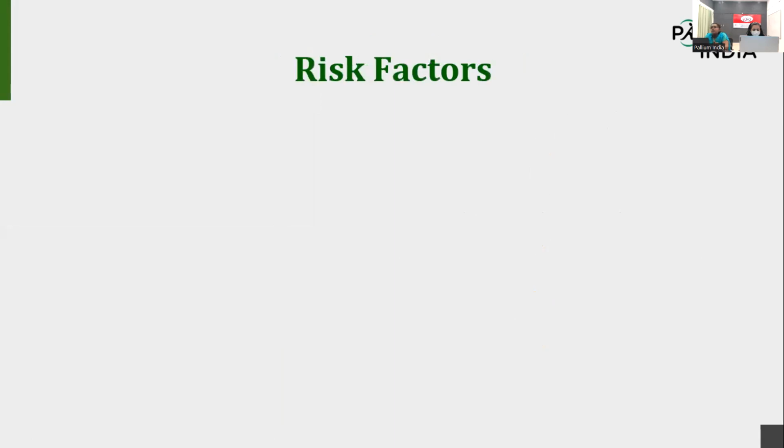So coming to the risk factors, there are intrinsic factors and extrinsic factors. Friction and shear are the extrinsic factors. For friction, for bed-bound patients, we need to change the bed sheets every day. Within the hospital, nurses will change the sheets.